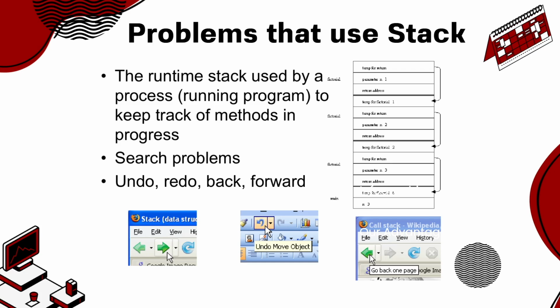First, let's see what are all the problems where we could use stack. Hope you would remember in one of the earlier lectures I was mentioning that when we run a program, the program is loaded into memory. Not only the program, its associated data is also available in memory. In addition to all these, some portion of memory is reserved for heap, and the purpose of heap is to handle dynamic memory management and to provide space for system stack.